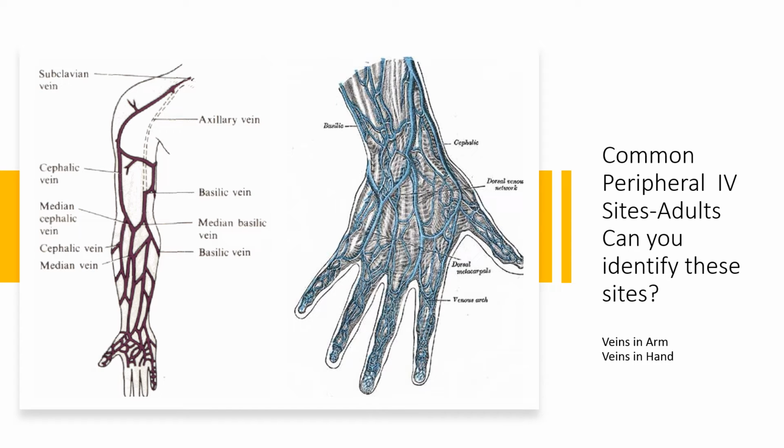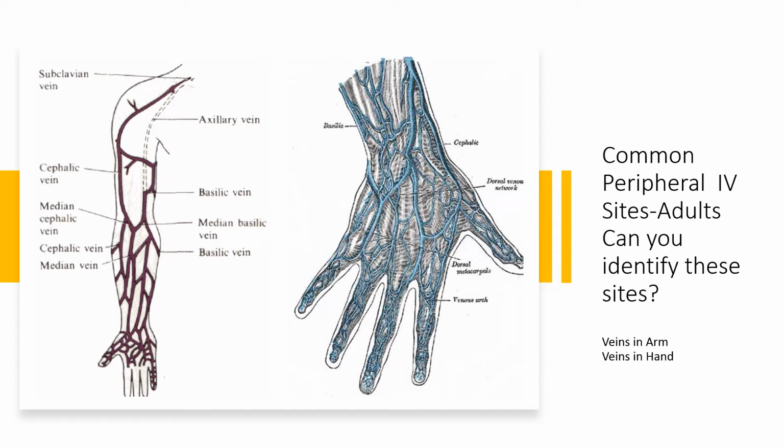Prior to insertion of IV catheters, we need to think about a couple things before we put these catheters in. We have to first think about the condition of the vein, the type of fluid or medication that will be infused, the duration of therapy, whether the patient is right or left-handed, the setting that it will take place in, whether it's an outside ambulatory surgery center or something for more long-term use in a hospital, and the history and condition of the patient.